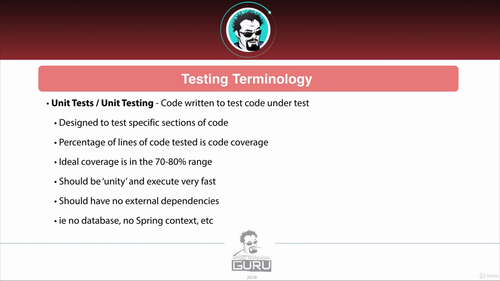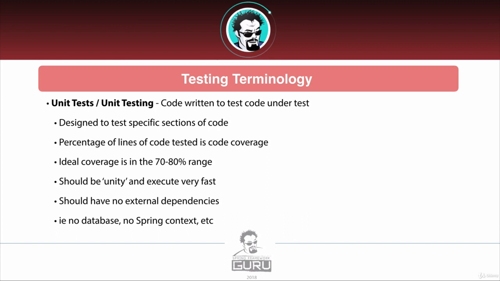Percentage of lines of code tested is code coverage. So this is another important term, code coverage. Ideally, your coverage should be in the 70 to 80% range. And I say ideally, there are some people that are very detail oriented. They want to have 100% coverage. And when you start getting above this, and this is a really ballpark figure, when you start getting above the 80% range, you start getting diminishing returns on your tests.